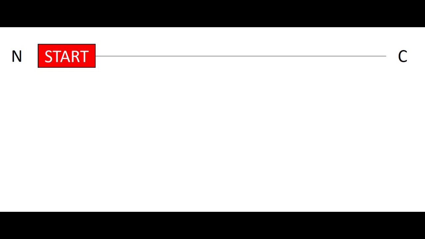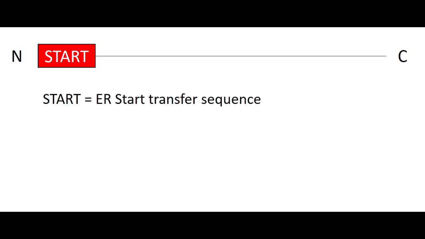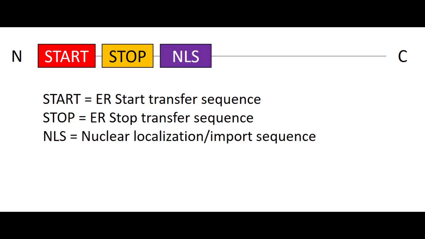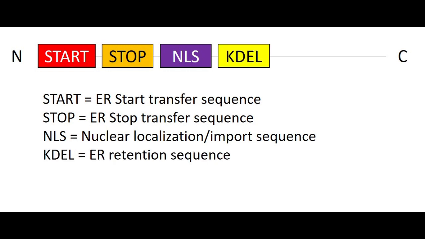The first one, the red pool noodle, will indicate a start, and start in this case represents the ER start transfer sequence. And remember, this is the same thing as an ER signal sequence. The orange pool noodle will represent a stop, or an ER stop transfer sequence. Purple pool noodles represent a nuclear localization or nuclear import sequence, same thing. The yellow pool noodle will represent the ER retention sequence.